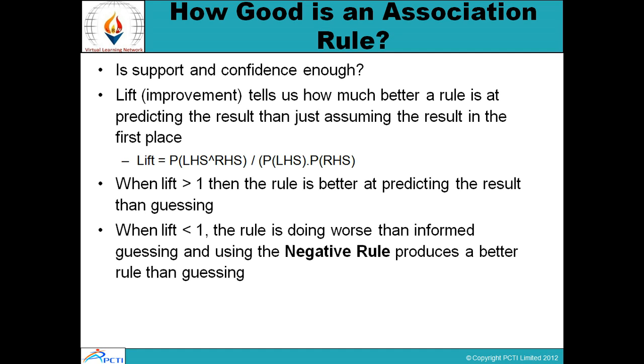Lift is equal to P of the left hand side and right hand side over their individual probabilities. When the value of lift, or improvement, is greater than 1, the rule is better at predicting the result than guessing. When lift is less than 1, the rule is doing worse than informed guessing, and using the negative of the rule can produce a better rule than guessing.